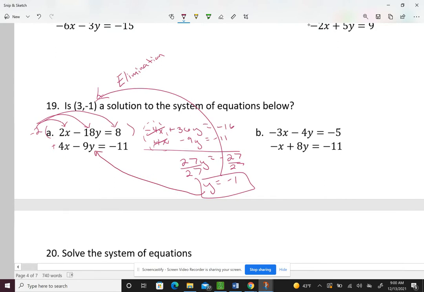So I'm going to rewrite this as 4x minus 9y. But wait a second, there's that y, and I literally just said y is negative 1. So I'm going to replace this y with negative 1, which then gives me negative 11 here. And from here, I am just solving for x. Negative 9 times negative 1 is positive 9.